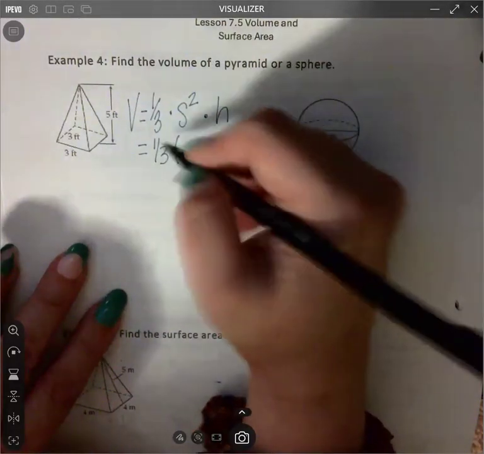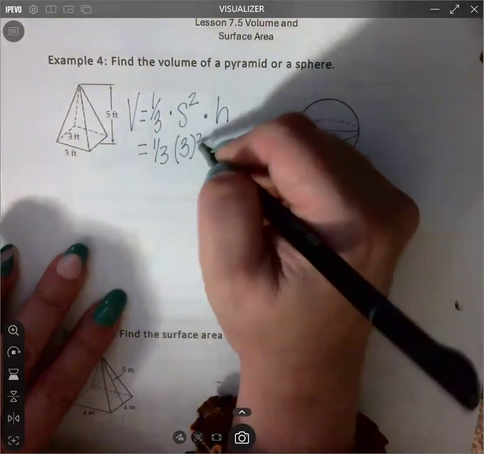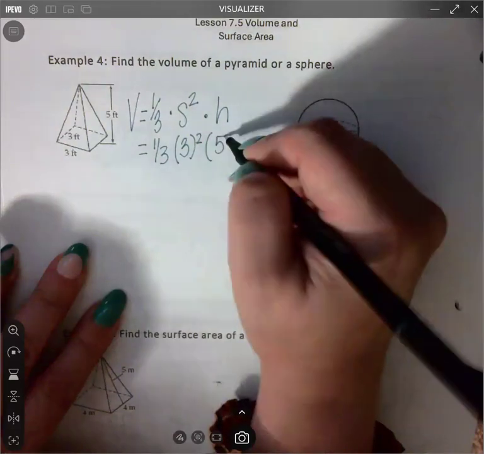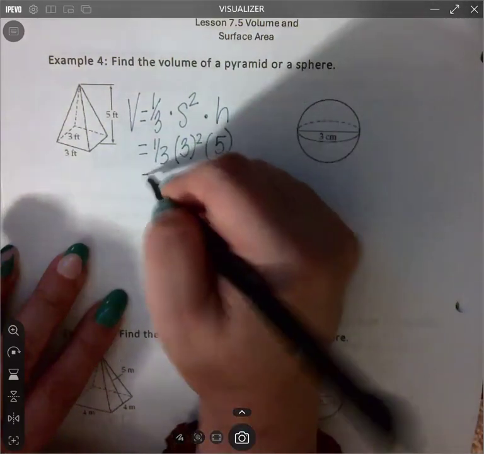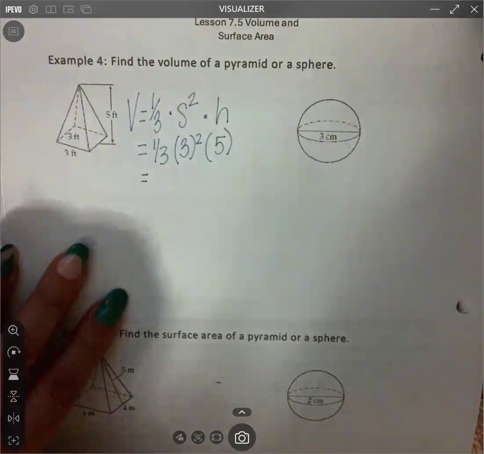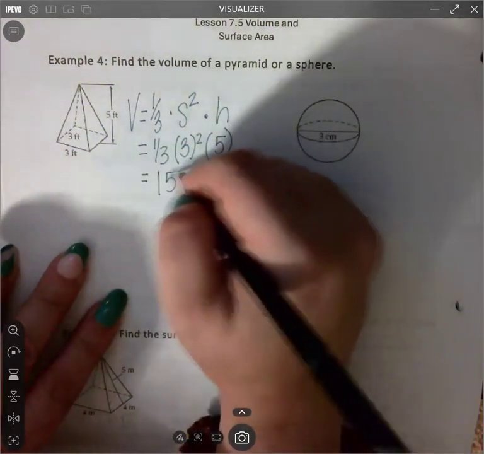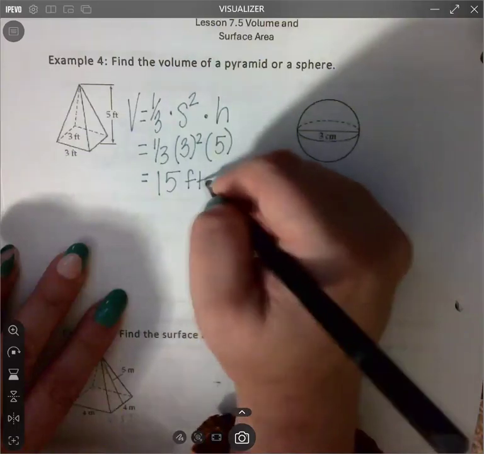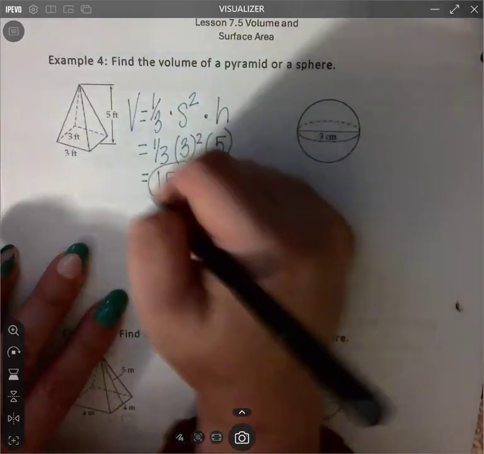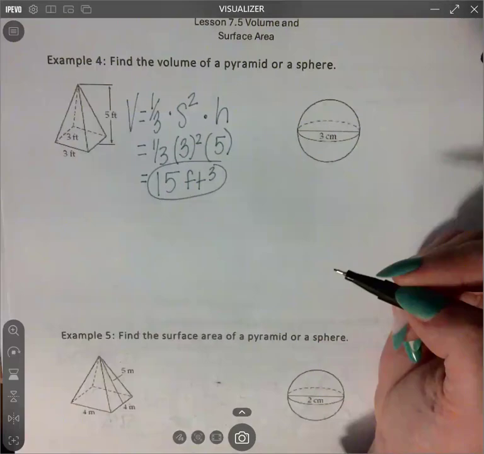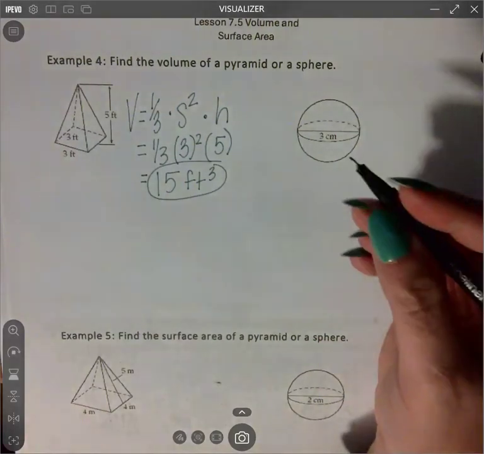So the side length is 3 and our height is 5. Go ahead and multiply that out on your calculator, and you should get 15. Again, feet cubed, because we're doing volume. We will always have units cubed.